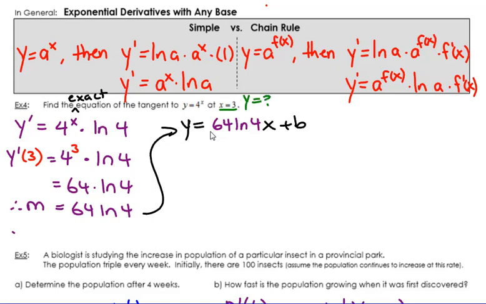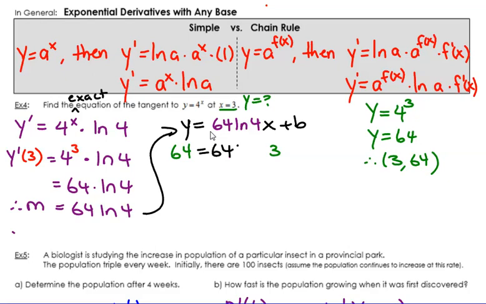Okay, so you take your original equation off to the side, and you plug in the 3. And so y is 64, which means that there's a point at 3 and 64. Let's put that in. There's your 4, there's your 3. 64 times ln 4 times 3 plus b.